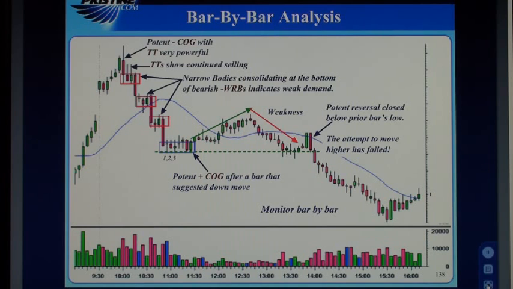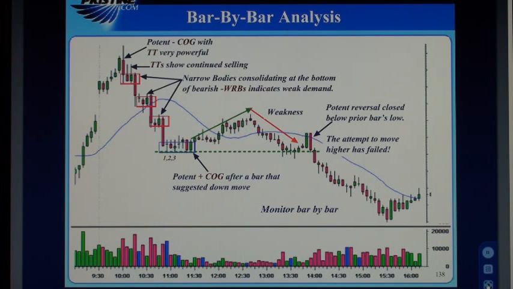Prices then broke down below those bars' lows. Again, that type of wide range bar moving to the downside creates a price void up above. But prices continued to consolidate where the candle bodies were at the bottom of that bearish wide range bar, indicating weak demand. Prices after that consolidation dropped again with another wide range bar to the downside.